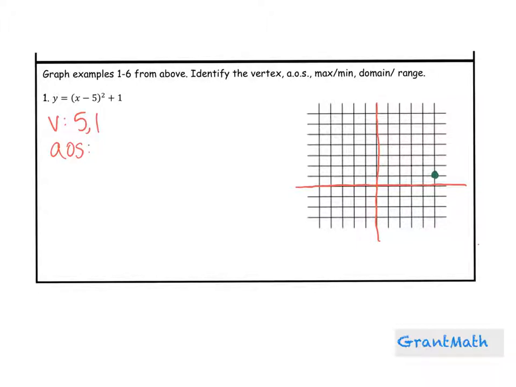And then I need to do my pattern. 1 to the right, 1 up on both sides. 1 to the left, 1 up on both sides. This is the parent function pattern. 1 to the side, 1 up, and then 2 to the side and 4 up.